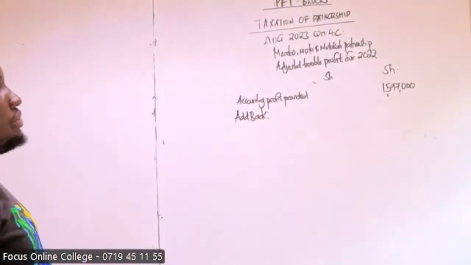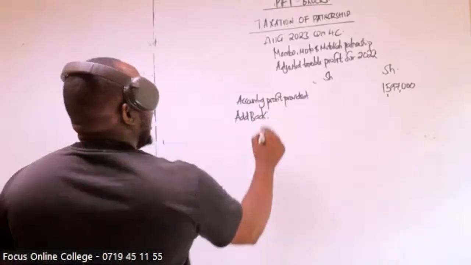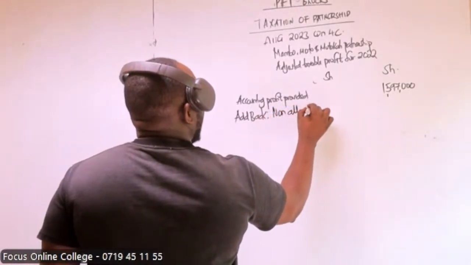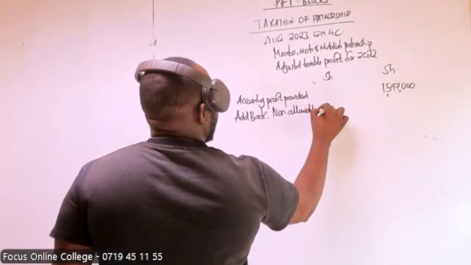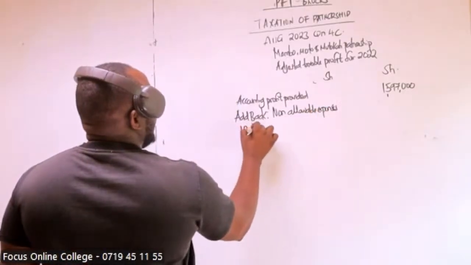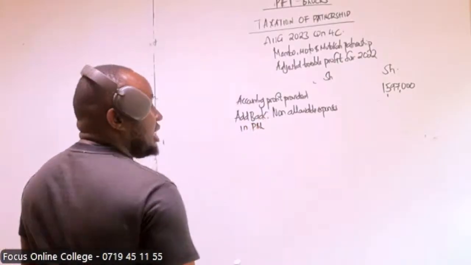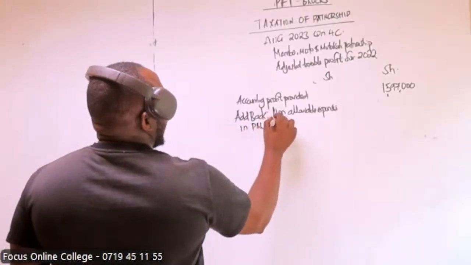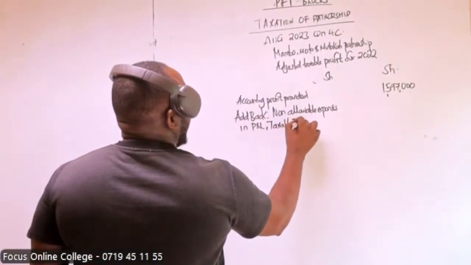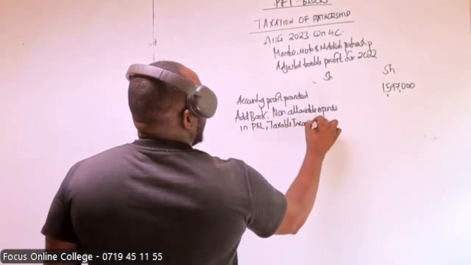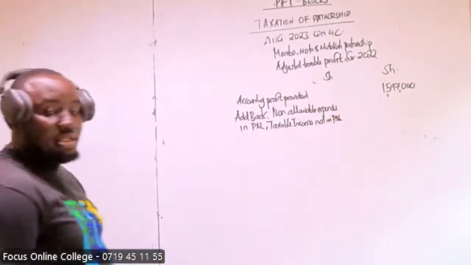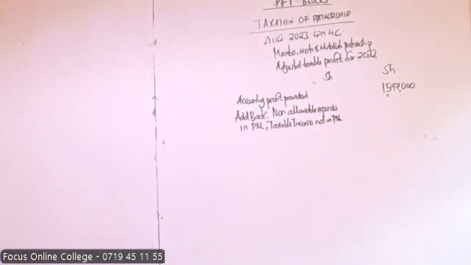What are we adjusting? Look at the words: non-allowable expenses. We say non-allowable expenses in the P&L, and taxable income not in the P&L.